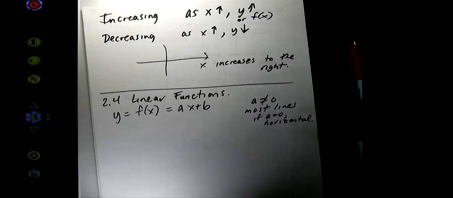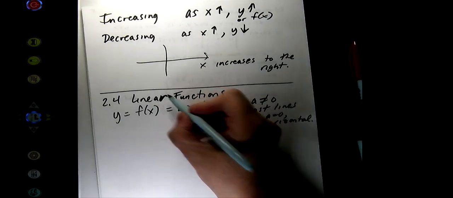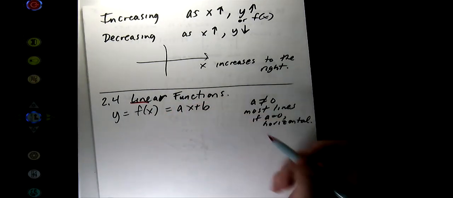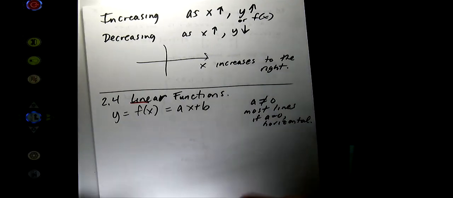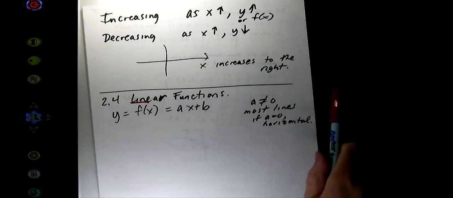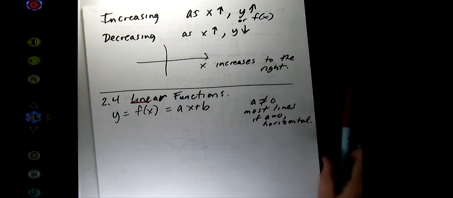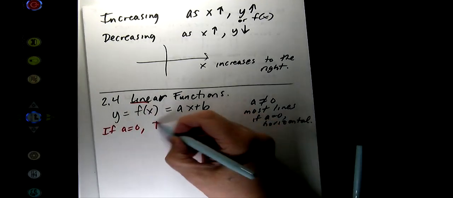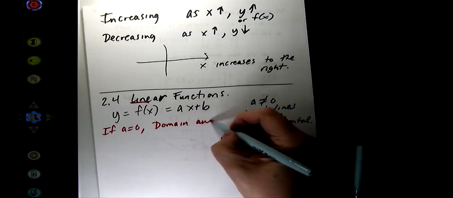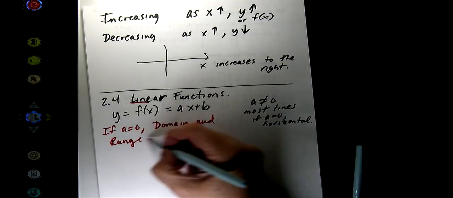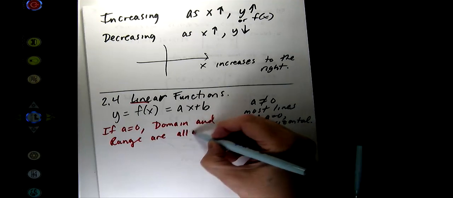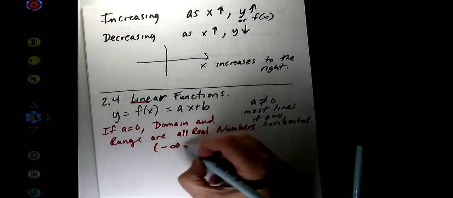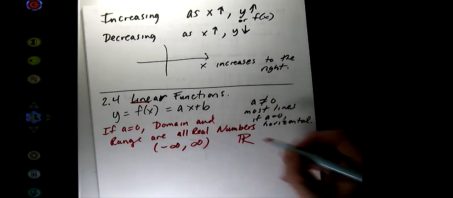They're called linear because the word line is in it. It tells you these make lines. As long as a doesn't equal 0, and we said this a little bit ago, the domain and range are all real numbers, from negative infinity to infinity, sometimes written as R.